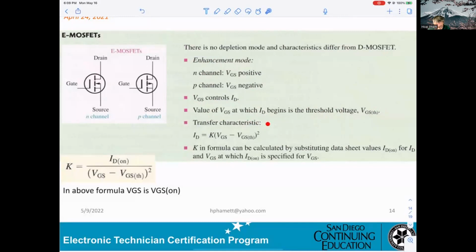Then for the characteristic, ID equals K times (VGS minus VGS(TH)) squared. And you also have to know how to calculate the K value. K in the formula can be calculated by substituting data sheet values. So basically, most of the data here will be in the data sheet for the E-MOSFET.